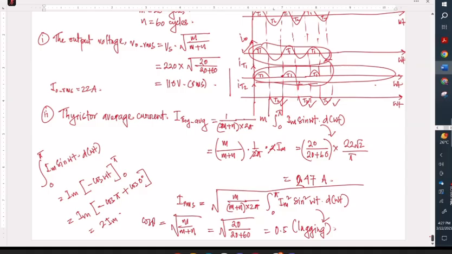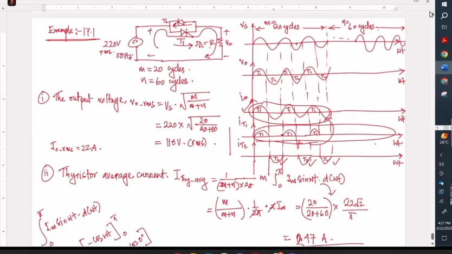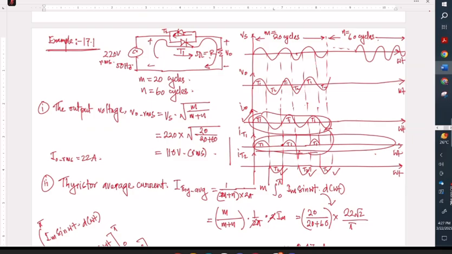Because if you do the harmonic analysis of this waveform, is it purely sinusoidal? Here you can see your output, right? Is it purely sinusoidal for the entire period? No, sir.